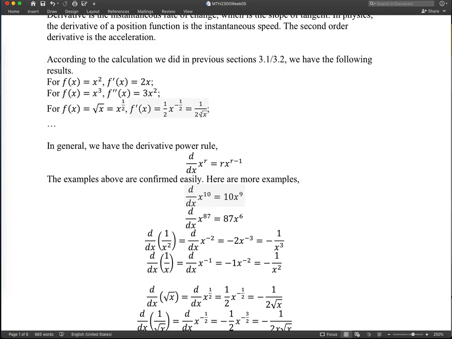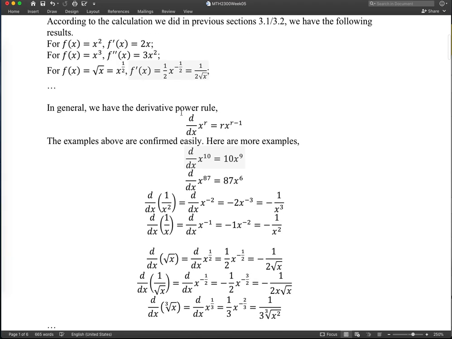Also, when you have the square root of x in the denominator, I hope you see that really means x to the negative 1/2. So it is the same as 1/2 times x to the negative 1/2. The reason I'm considering those rational powers or negative powers is because they will help to find the derivative power rule.